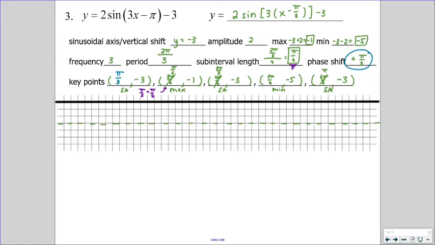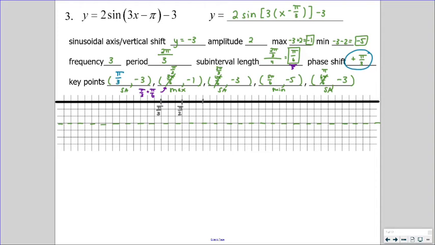So we're scaling by pi over 6, but we're going to start with our phase shift, which is pi over 3. So I'm going to drop my phase shift somewhere over here. I'll call that pi over 3, and then I'm going to count by pi over 6. So that was 3 pi over 6.